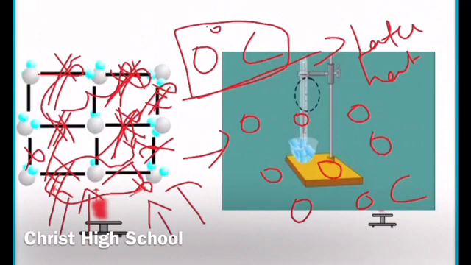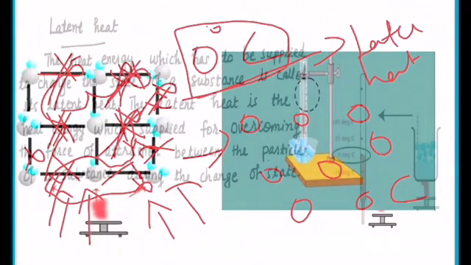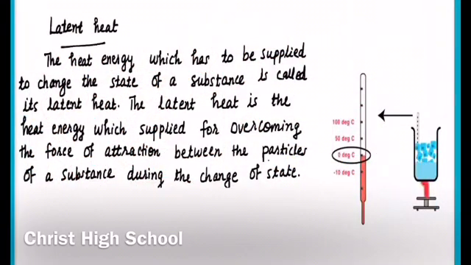So this heat absorbed by the ice particles after reaching 0 degrees Celsius, after reaching its melting point, is called the latent heat of ice. Okay, now we have the definition of latent heat. The heat energy which has to be supplied to change the state of a substance is called its latent heat.